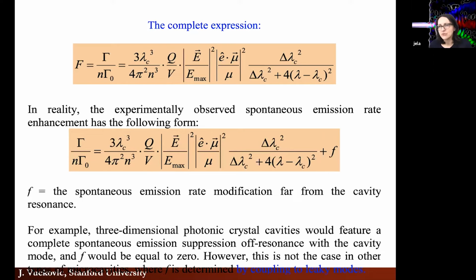So if you go outside of the cavity resonance, completely at the tails of the Lorentzian, there will be no cavity resonance, but there will still be some residual density of optical modes that you can couple to. And that's this little factor F that I'm writing here when I'm drawing the spontaneous emission rate as a function of frequency or wavelength. That's the residual background spontaneous emission rate that you would observe.